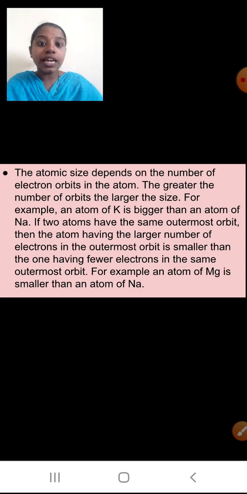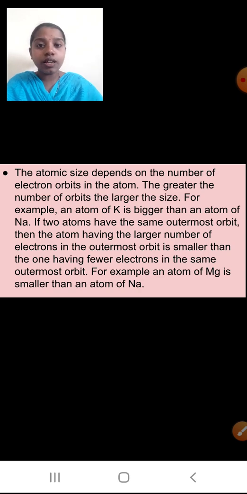If two atoms have the same number of outermost orbits, then the atom having the larger number of electrons in the outermost orbit is smaller than the one having fewer electrons in the same outermost orbit. Now you will say, Miss, both of them have the same number of electronic shells, so what to do?